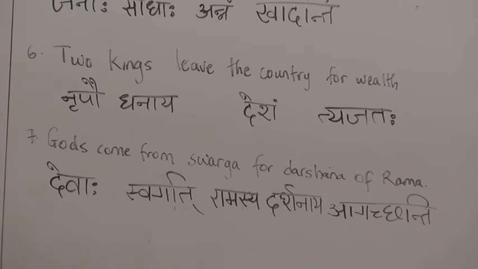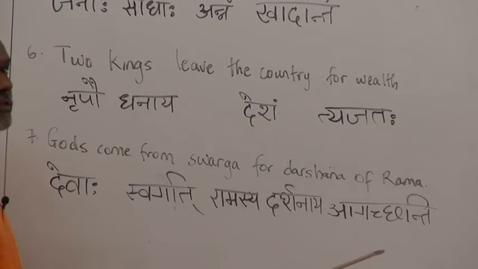If you say darshanam, you can't say coming specifically for. No, but I was telling him that that type of sentence is also there. So from the context, you will have to get the meaning. It is said, Devaha Swargat Agachanti.